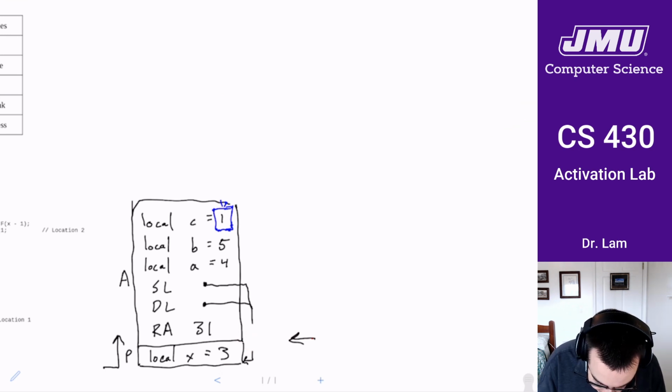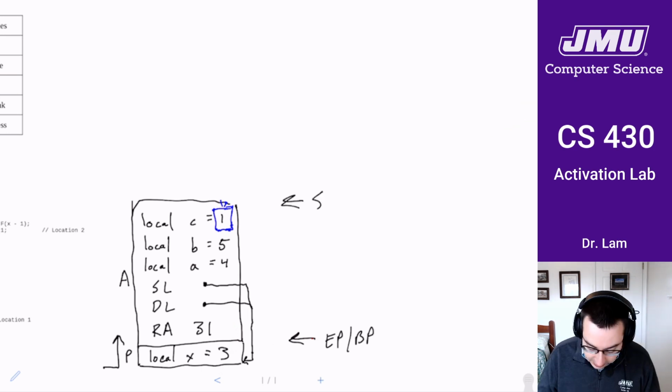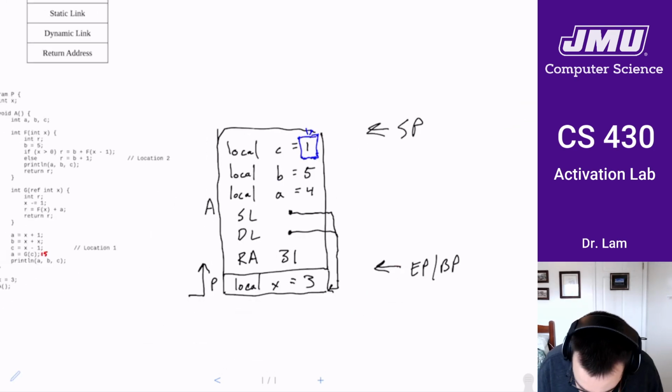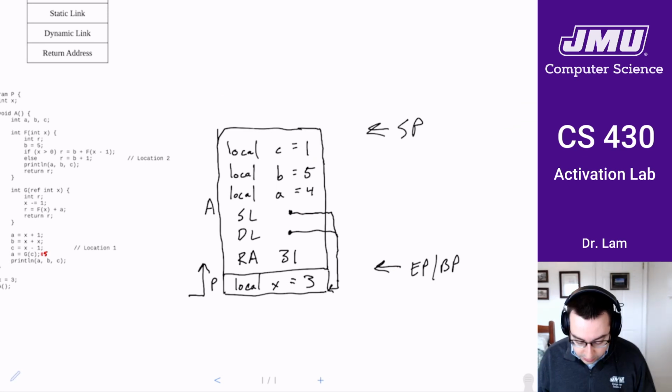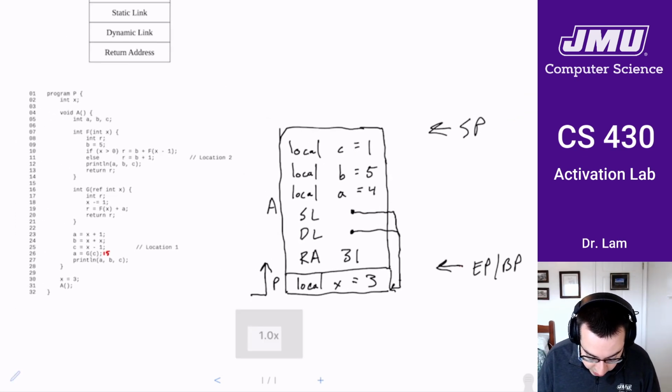So now I can get rid of that as well. So this is now the environment pointer, the base pointer. And again, the stack pointer always points at the top of the stack. And this is no longer having any reference to it, so I'll just redraw that. All right, so this is what the stack looks like after we return from G.